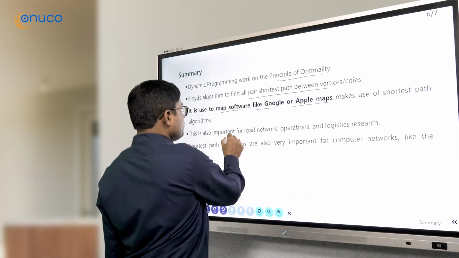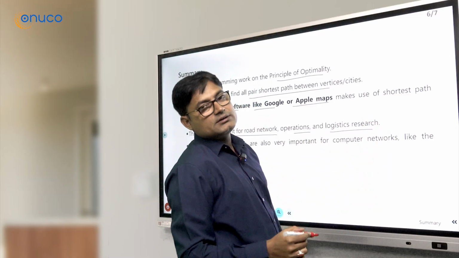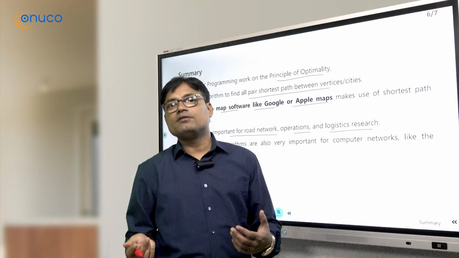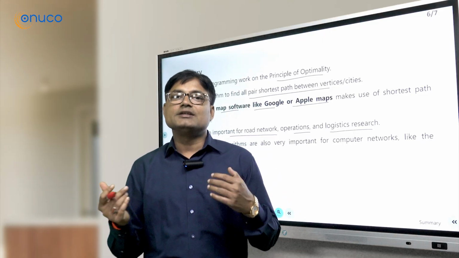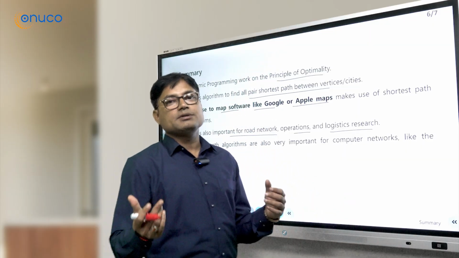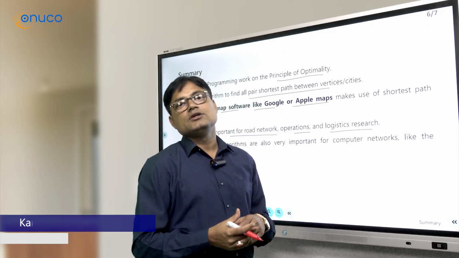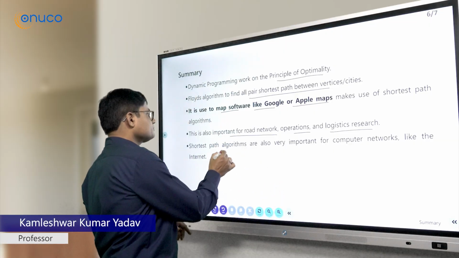This is also important for road network operations and logistics research because in that case there is a tendency to complete the task in a lesser amount of time or cover the shortest distance, such that transportation cost or time will decrease. So hence this is important.